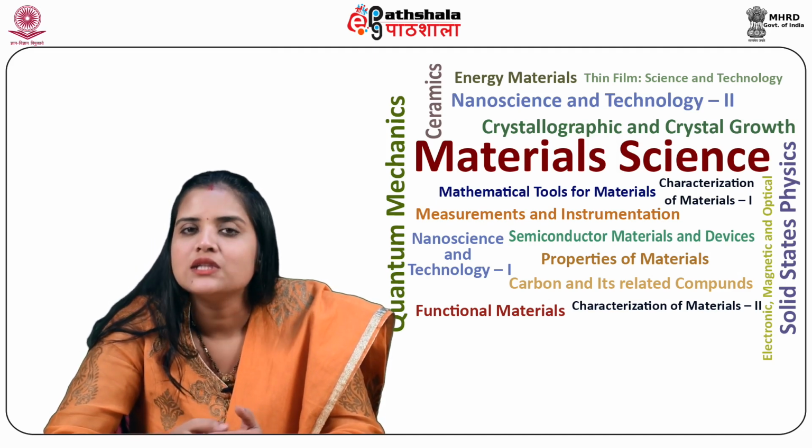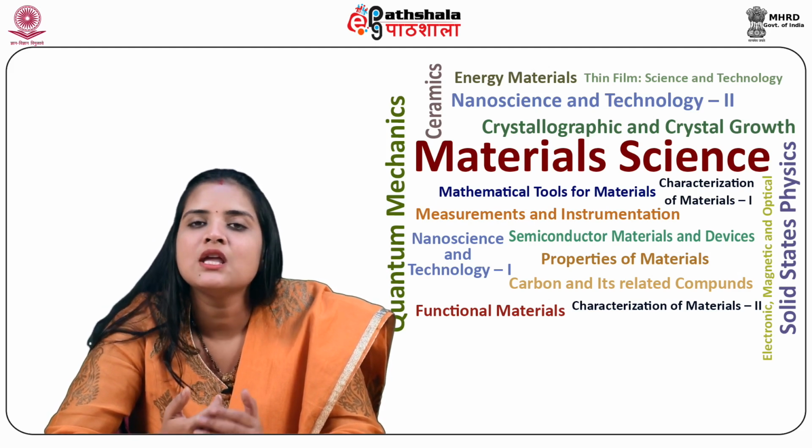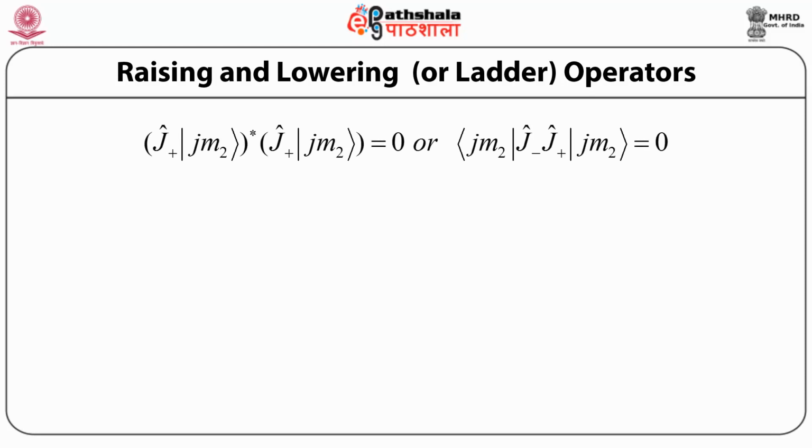Or I can say the eigenvalue of operator j minus operator j plus is equal to 0. That is, the scalar product of j m2 with operator j minus operator j plus acting on ket j m2 is equal to 0.